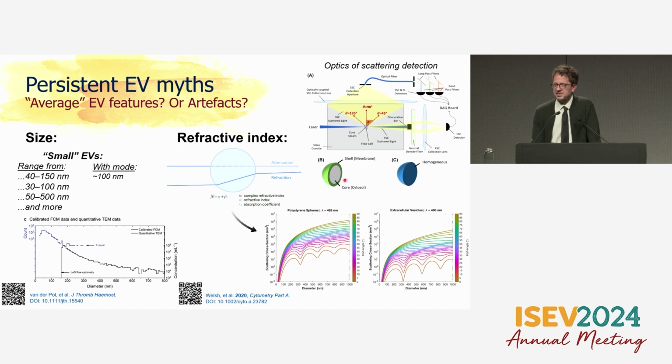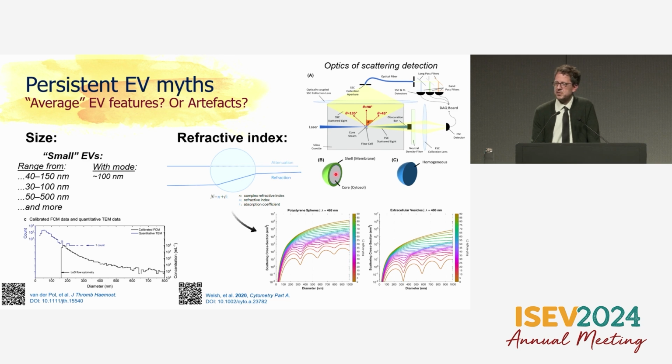The plot thickens even more because the situation is even more complex, because EVs, of course, are not homogeneous. Where you have a single refraction of light at the surface, and then at the other surface, in EVs there are many, many surfaces. Light is interacting with all of the molecules that comprise the EVs, including the inside and outside of the lipid bilayers on both sides and all the molecules in between.